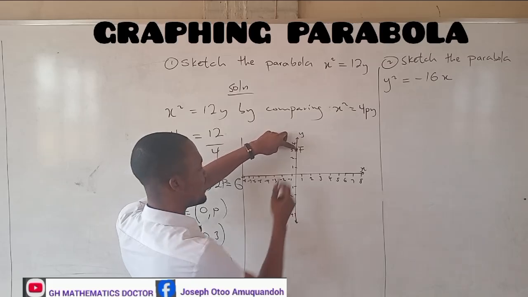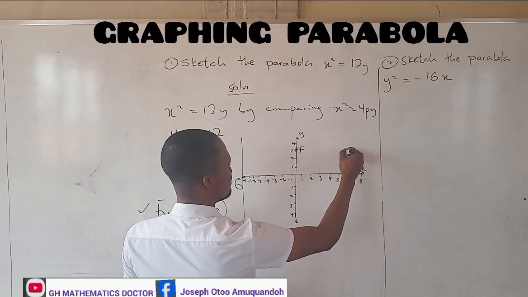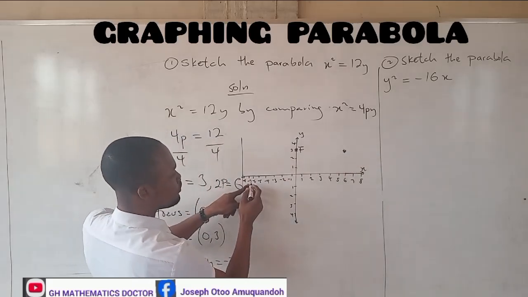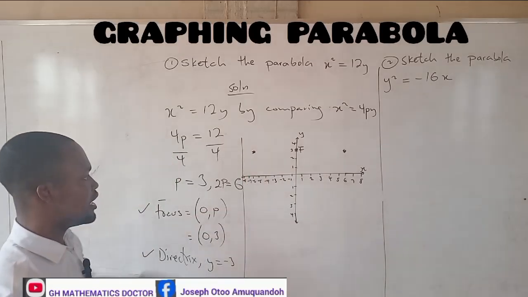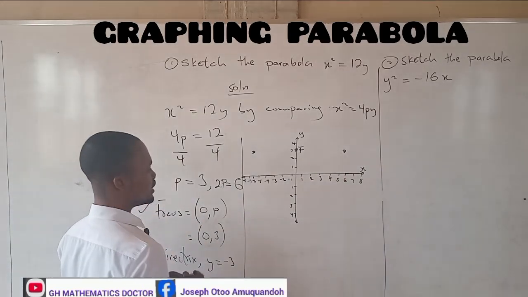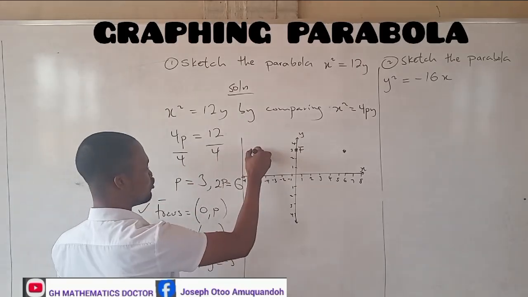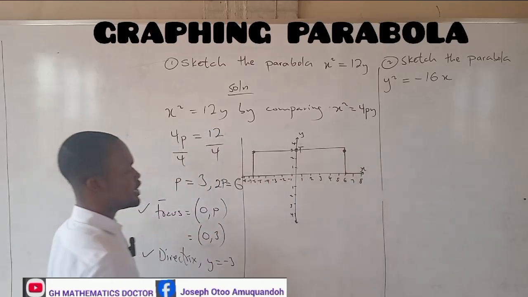It was 3 here, but when we double it, we are going to have 6. And this 6 will be traced at this point, and we're also going to have the same thing here. With these 3 points, we complete a box on the Cartesian plane. So you complete this by drawing a box.